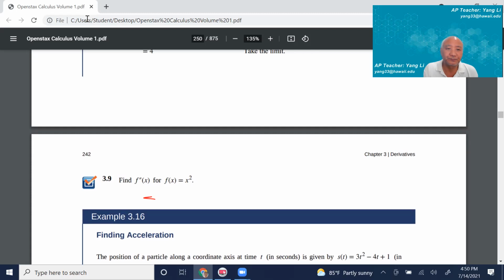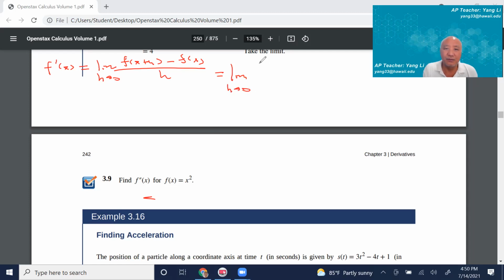We do f first derivative, right, equals what? Limit h approaches 0. You're gonna have f(x plus h) minus f(x), right, divided by h, like this, right? And you're gonna have the limit h approaches 0.